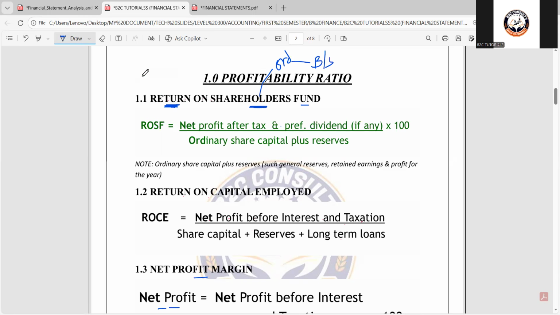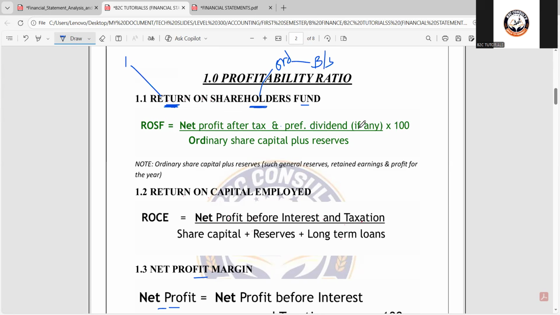And then the return is talking about the profits after the net profit, after you have deducted the tax, after you have deducted the amount of money needed to be paid to preference shareholders. So the word is net profit after tax and preference dividend, if any. The if any means that it is not every question that will tell you that they have paid dividend to preference shareholders.